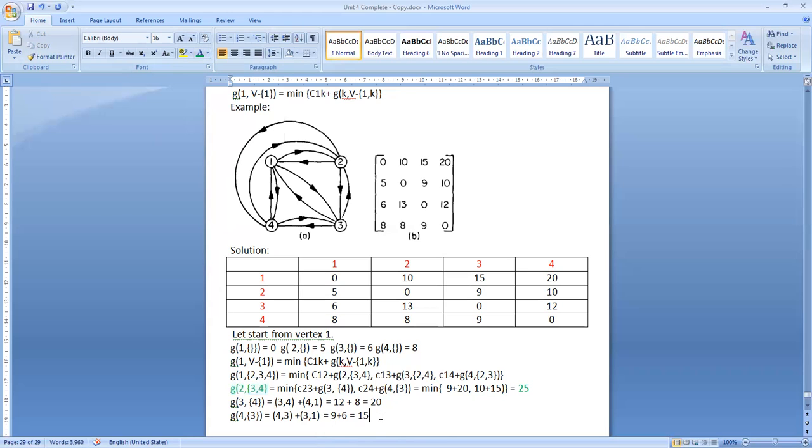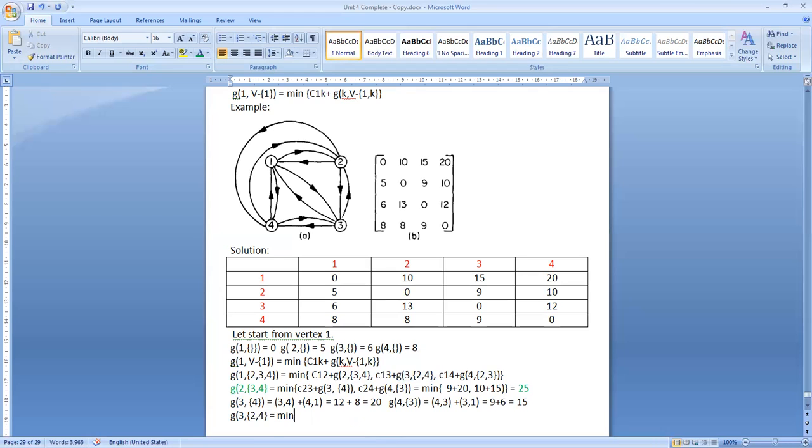Next, similarly, we are going to compute G of 3 comma set 2, 4.